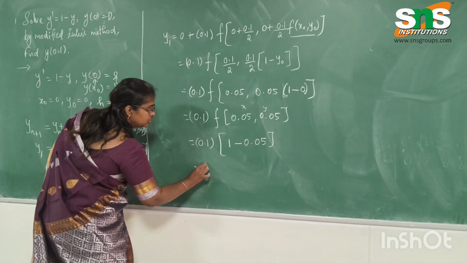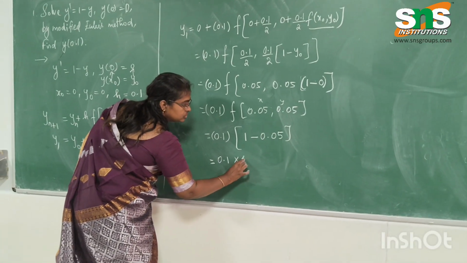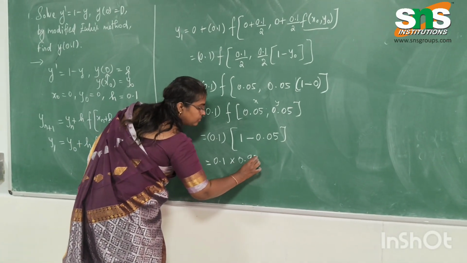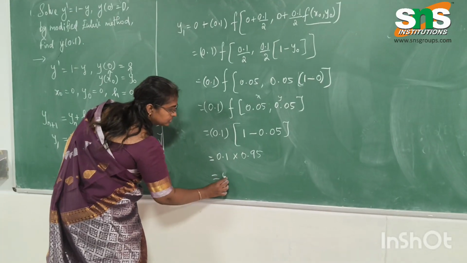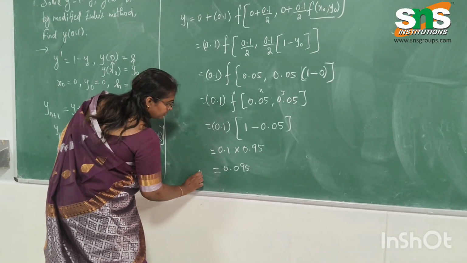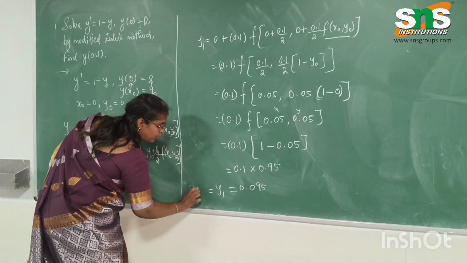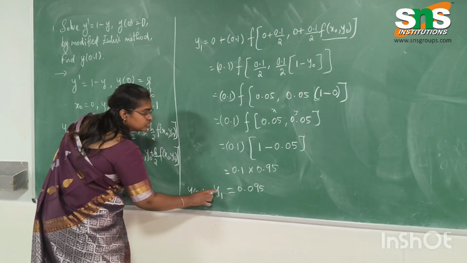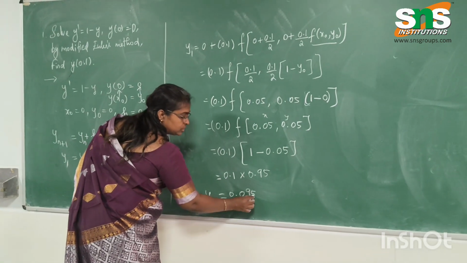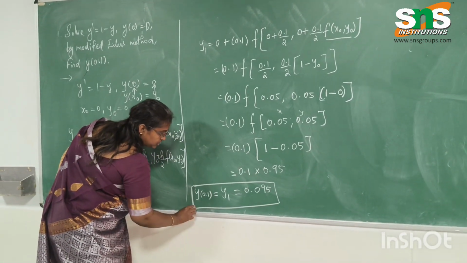So 1 minus 0.05 is 0.95, and 0.1 into 0.95 gives 0.095, the first iteration value. That is, y of 0.1 is y1, which is equal to 0.095. This is the answer for the first iteration.